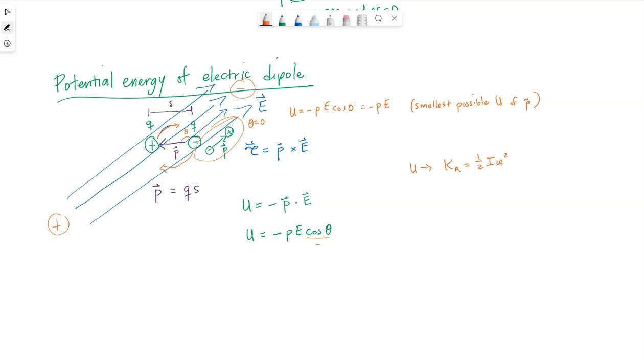Okay. So this equation is what we're getting at for the electric dipole. I'm going to go through and do a couple examples talking about motion of a charge in an electric field and potential as well.